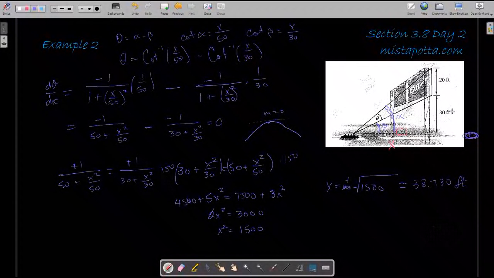So this sign is going to appear the highest. This angle is going to be the widest when I'm 38.730 feet away from the street sign.